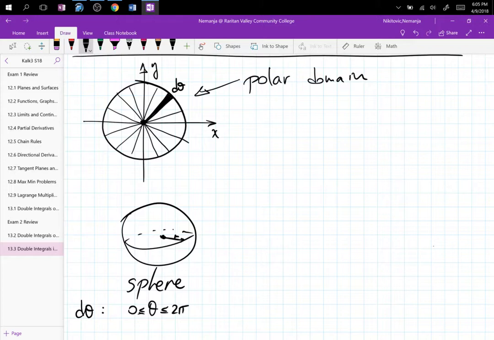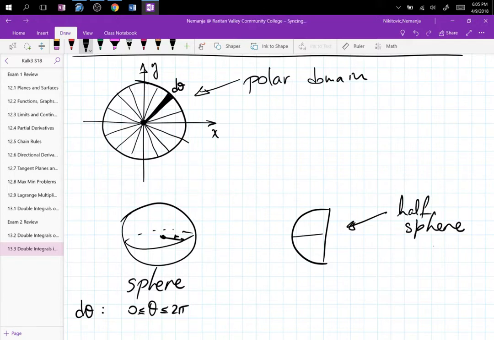That's for the sphere. But if I want only half of the sphere, then our theta should go from 0 to pi, let's say.